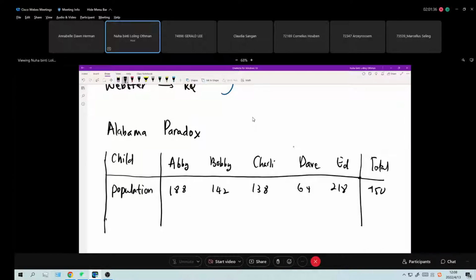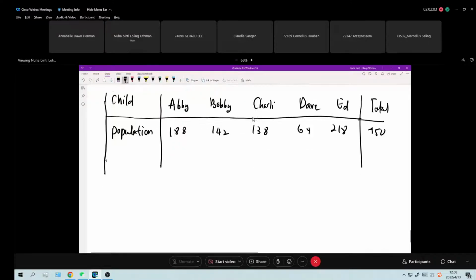She used this Hamilton method to divide. So 750 divided by 30 gives 25. You can play around with this method also with your brother and sister to divide. So we give you 25 here. This is the standard divisor.